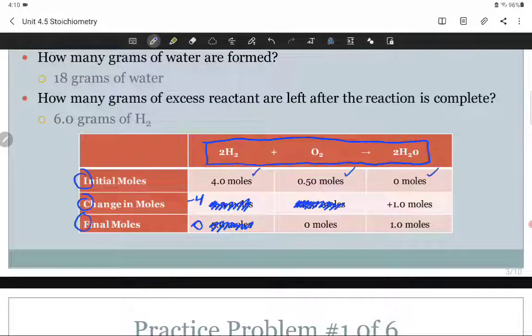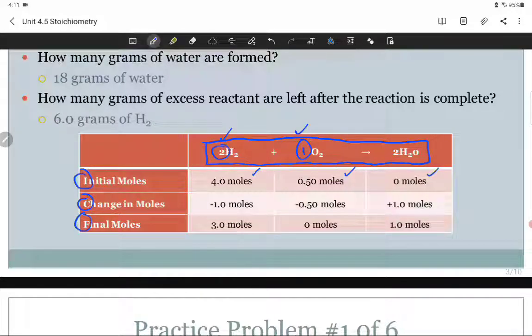So if you have a 4 for hydrogen gas, and it's a 2-to-1 ratio between those two chemicals, the change has to reflect those coefficients. So a 2-to-1 would be the same thing as a 4-to-2. Well, can you subtract 0.5 minus 2 and get an actual number that's not negative? You can't. So if you go down that road and you end up getting a final moles that is a negative answer, you know you've done something wrong, and you should reconsider what you thought was the limiting reactant.